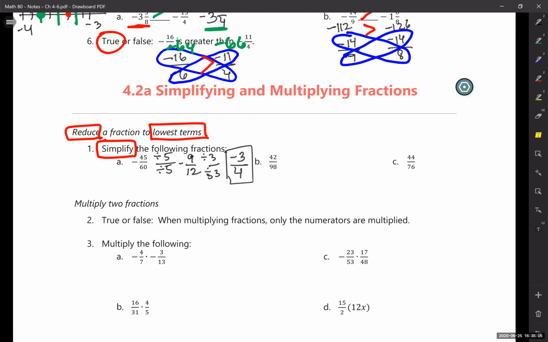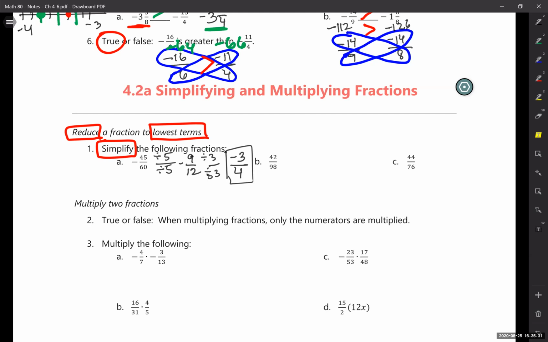And some of you might have noticed that 15 goes into 45 and 60, and that's absolutely correct. And you would have gotten to the answer one step faster than me. That's fine. Sometimes you see it, sometimes you don't. And so you just ask yourself along the way, do these two have anything in common? And once you get to the answer of no, then you know you're done.